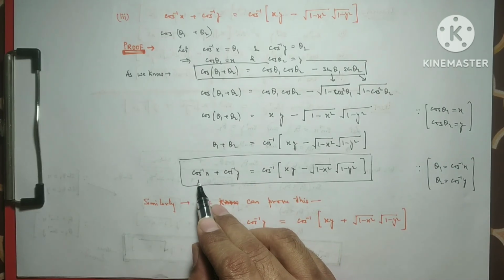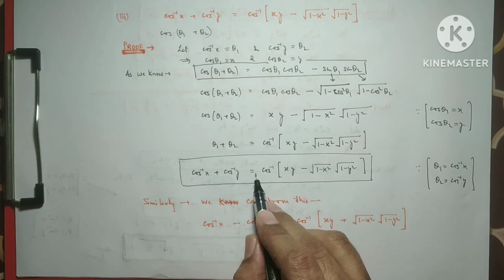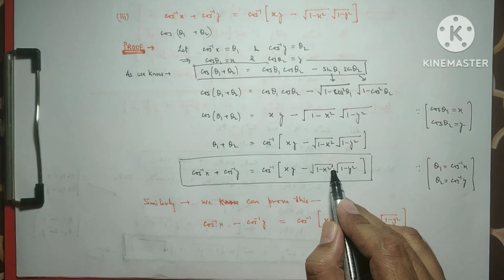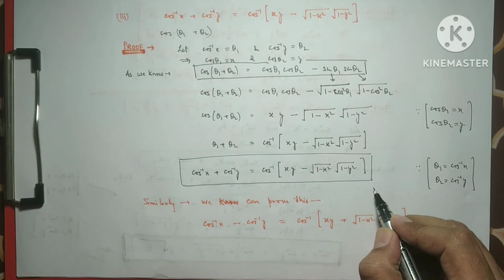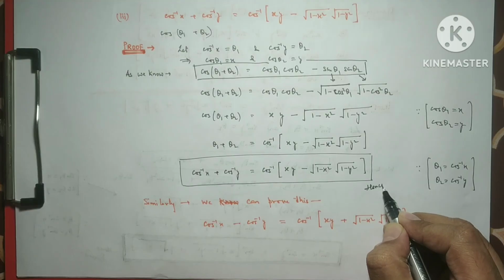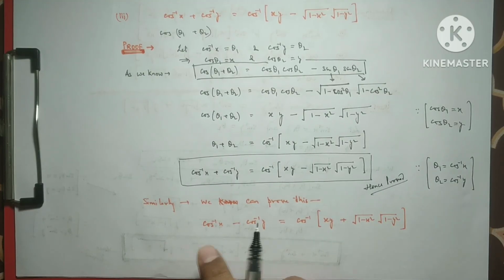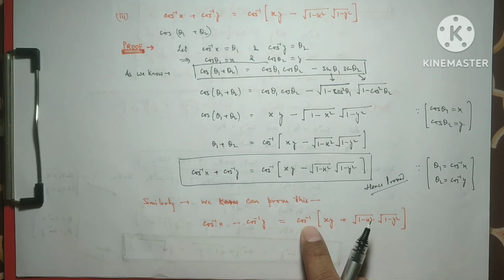So the final result we obtain is cos inverse x plus cos inverse y equals cos inverse of x into y minus under root 1 minus x square into under root 1 minus y square. So hence proved.